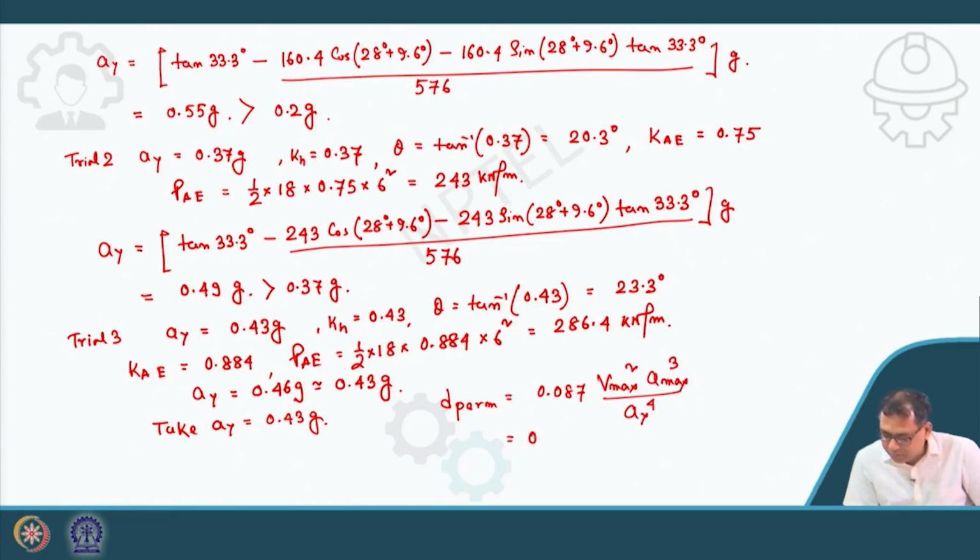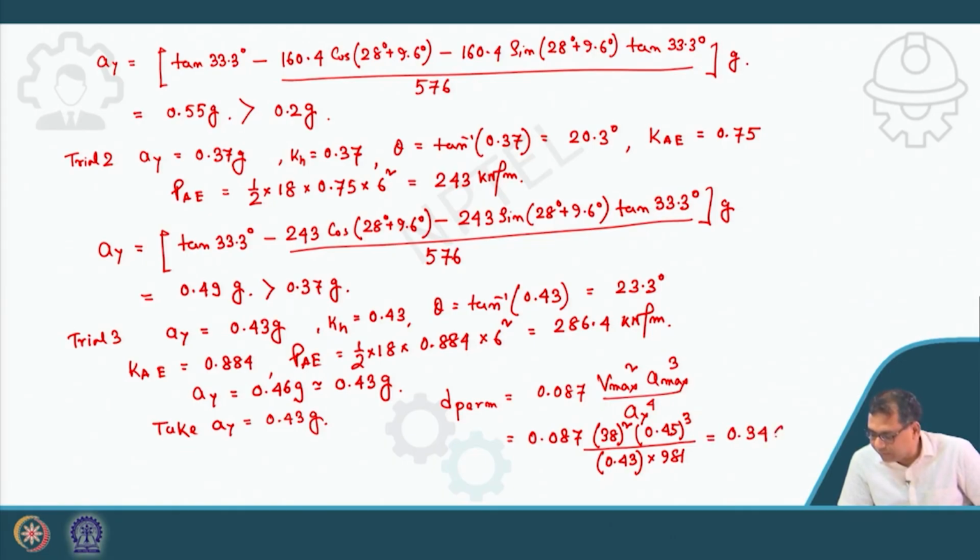So, now if I put this value, 0.087, V max is 38 centimeter per second, A max is 0.45 to the power cube, and AY is 0.43, but there is a power of 4, that means the 1 G value will come into the picture, that is 981. So, you get that value as 0.34 centimeter, okay, remember that, or it is 3.4 millimeter.